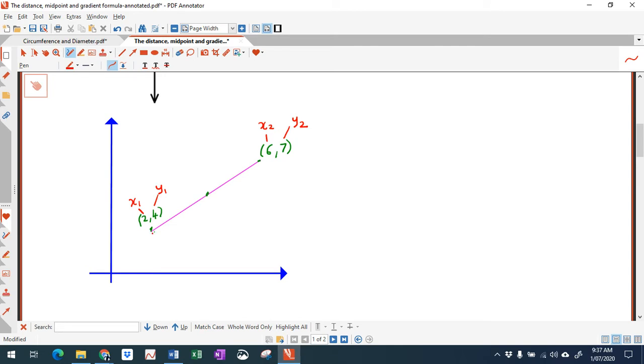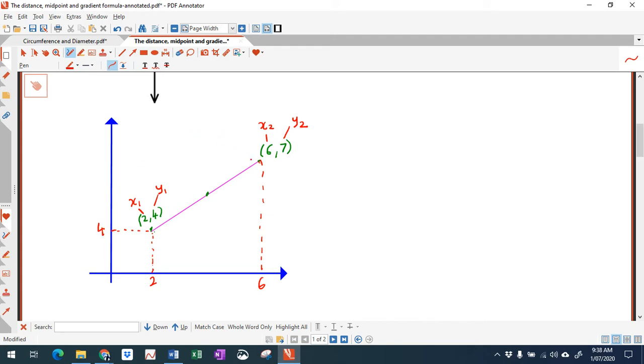So tag those. Now, what we're going to do is try to work out the midpoint. So I look at this point here, and I come down to the axis, that'll be 2. And if I look at this point here and come down, that's going to be 6. And over here, this y value is 4.